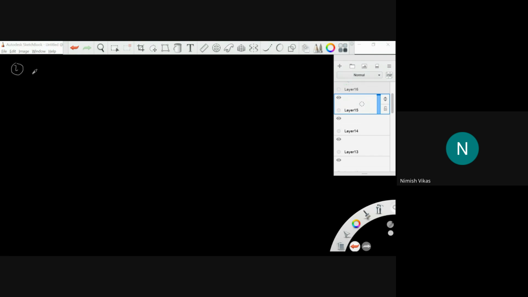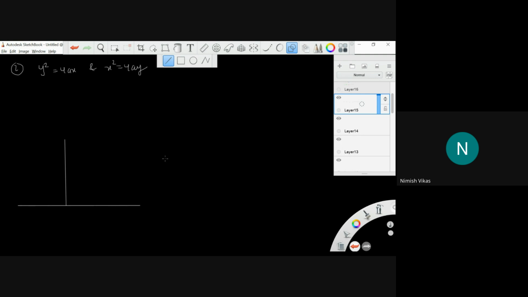So the second problem will be that suppose you have to find the area between y square is equal to 4ax and x square is equal to 4ay. If you draw these two graphs, y square is equal to 4ax, all of us know. X square is equal to 4ay, all of us know.